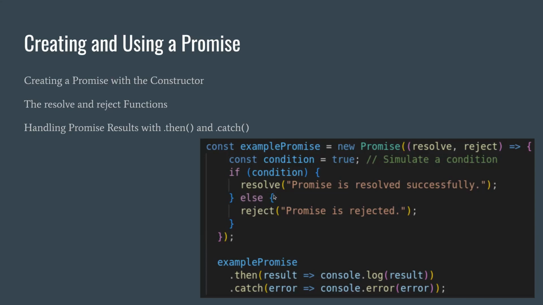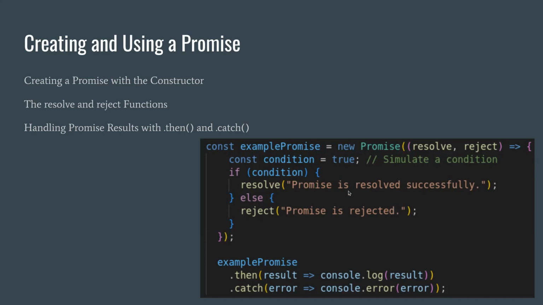So if the operation is successful, we call resolve with the results, and we pass something like "promise is resolved successfully." If the operation fails, we call reject with an error message.